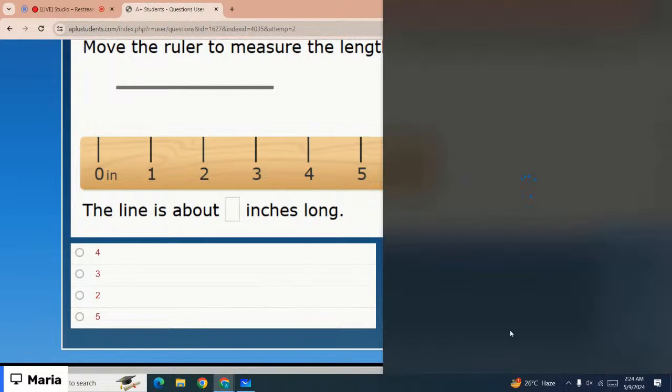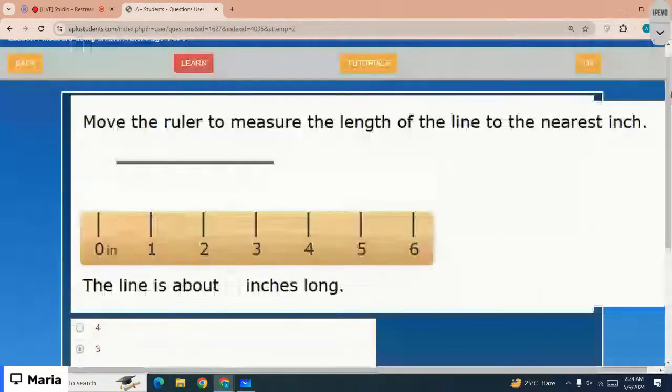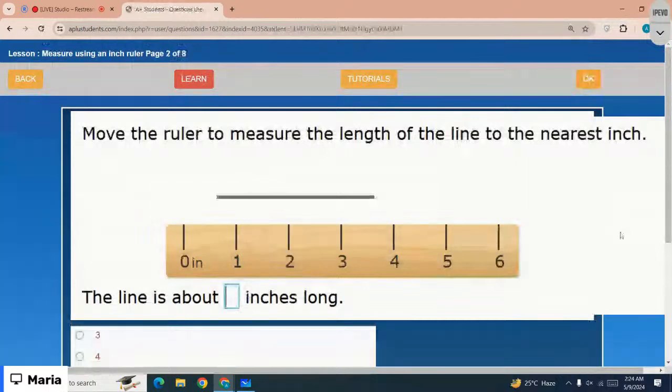The chat is to answer the questions. That is 3 inches long. The correct option is... Move the ruler to measure the length of the line to the nearest inch, which is the correct option?